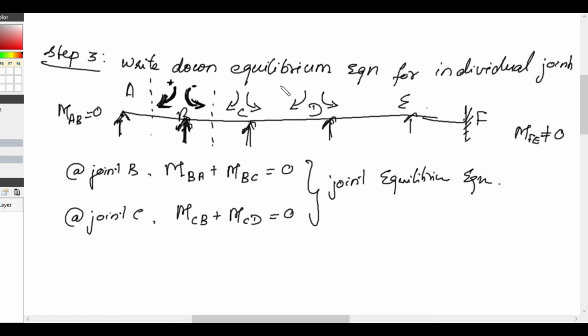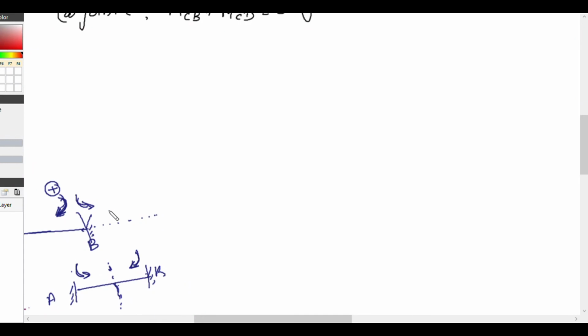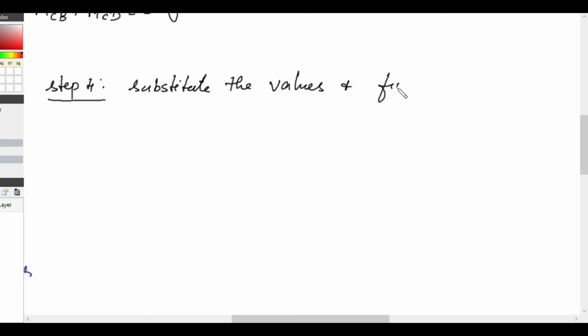Now the fourth step: substitute the rotations in the slope deflection equations and solve for end moments. That is your step 4. So step 4, substitute the values and find the unknowns.